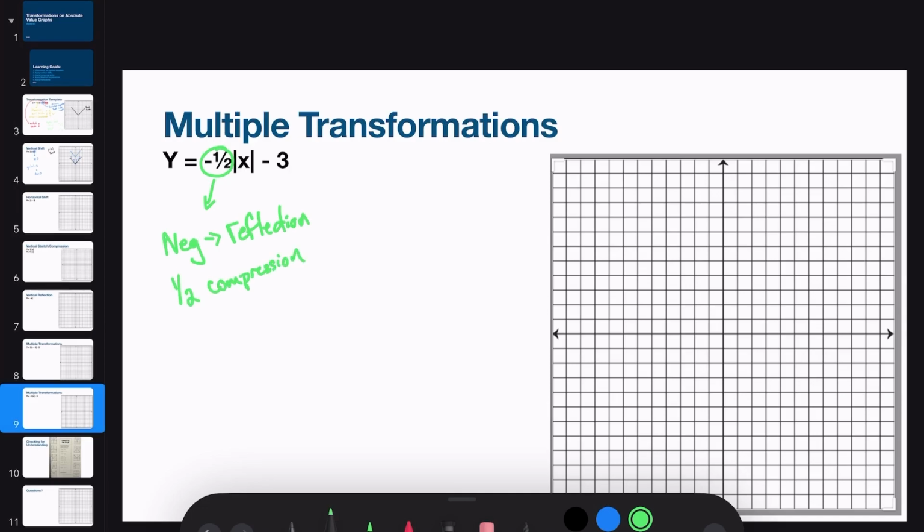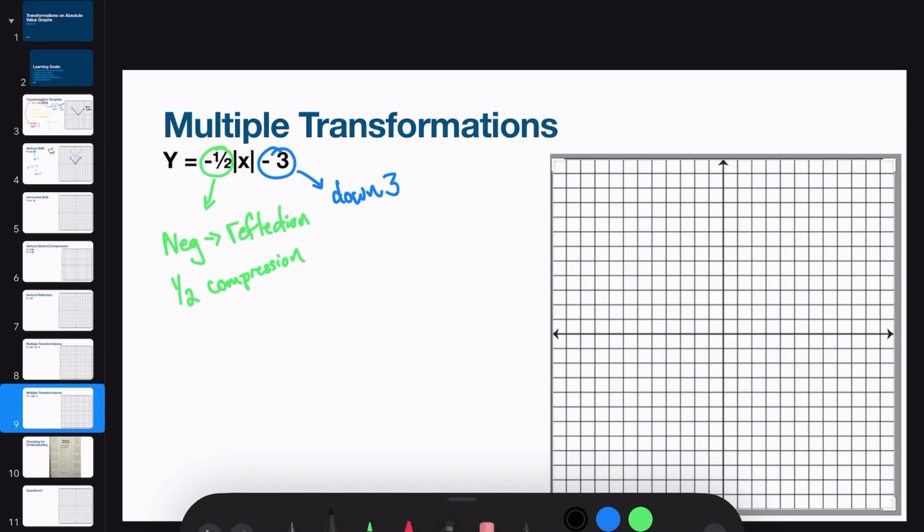Now, I don't have anything inside with this x. This x is all by itself, so I have no horizontal shifts. But I do have at the end a -3, so that would be a down 3.